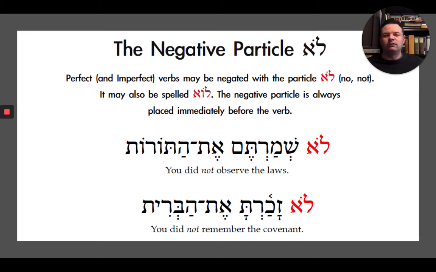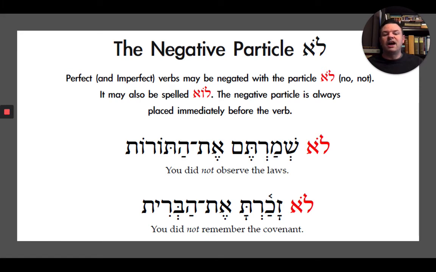Shamar meaning observe, or keep, follow, obey, really is the idea that shamar gives, right? So you did not keep the laws. And so you've got the et there, that's the definite direct object marker. You've got the word Torah, but it's plural, Torot. Or we've got this one, right? Zakarta, you remembered. But if you stick the lo in front of it, lo zakarta, you did not remember et ha-barit, the covenant.